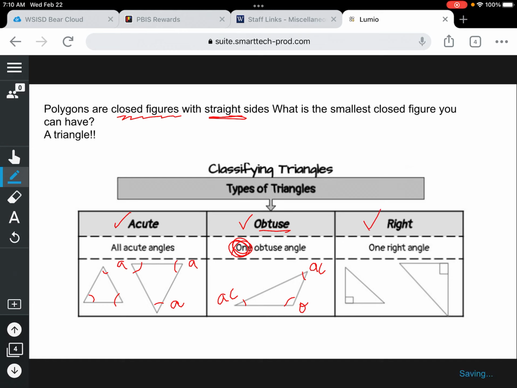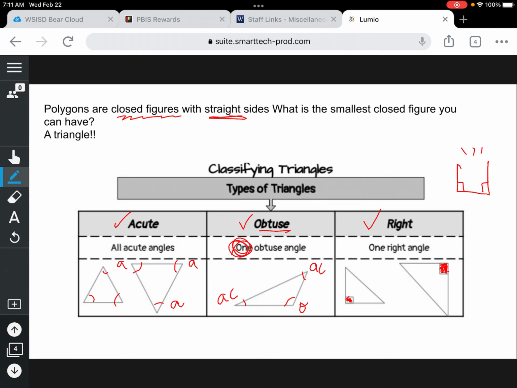A right triangle is a triangle that has one square corner. If you can figure it out, if they have one 90 degrees angle, then you have a right triangle. You cannot have more than one because otherwise your shape won't close. If you have two right angles, you cannot close your triangle.